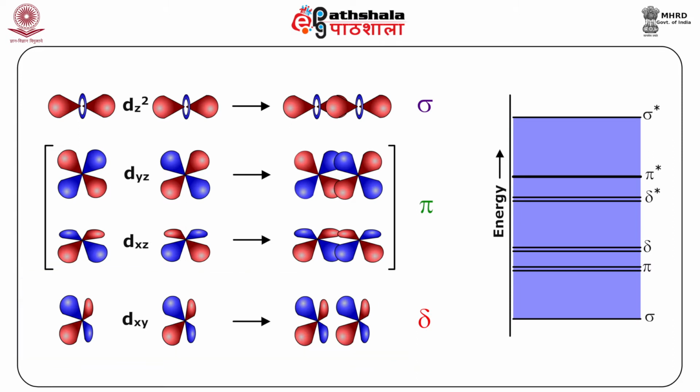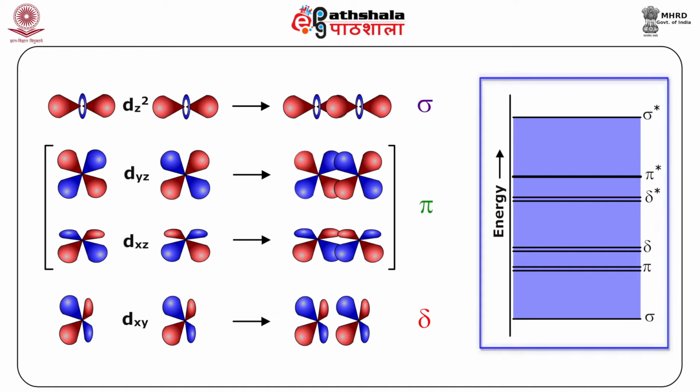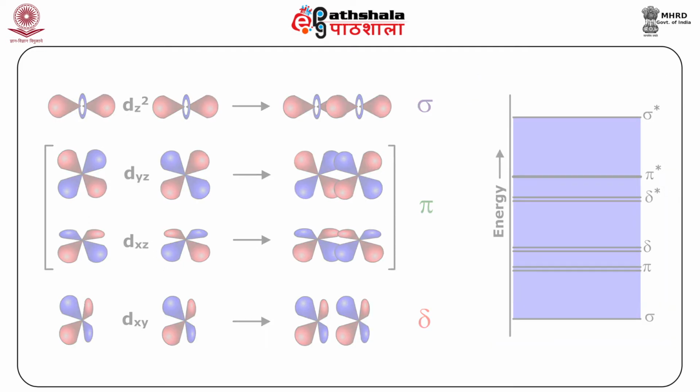The dx²-y² orbital is also utilized for bonding with ligands. The energy diagram shown here points towards the possibility of a quadruple bond, which could result when all the bonding orbitals are occupied to give an electronic configuration of σ² π⁴ δ².